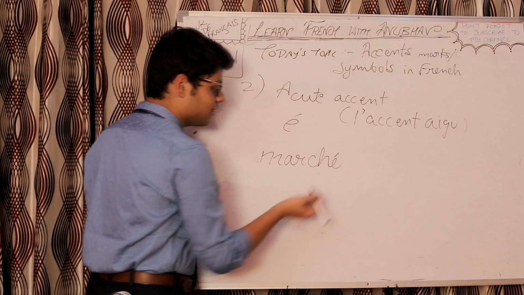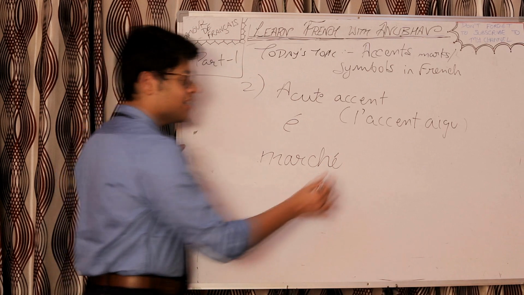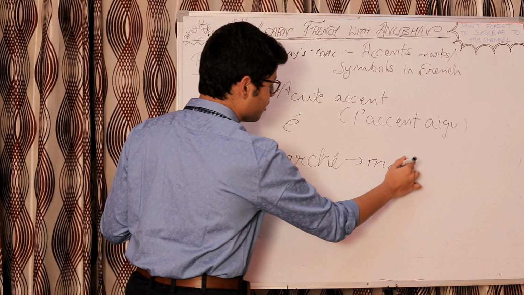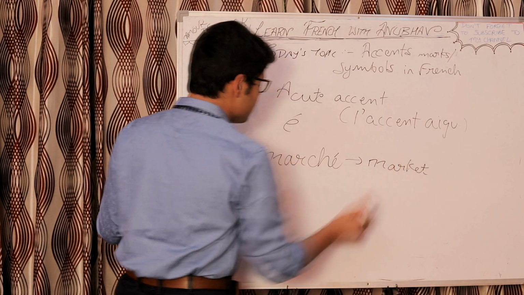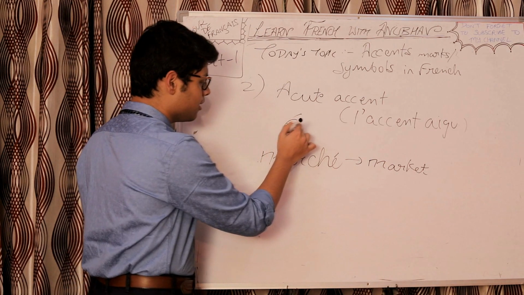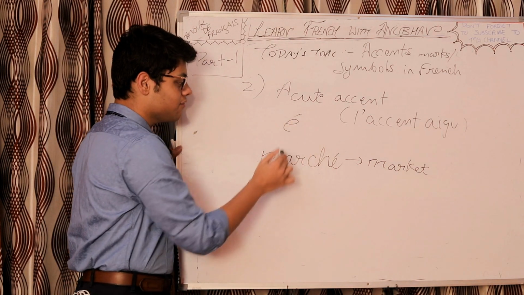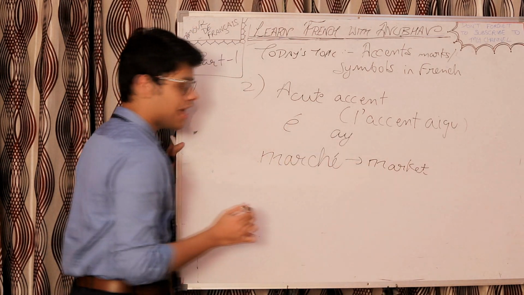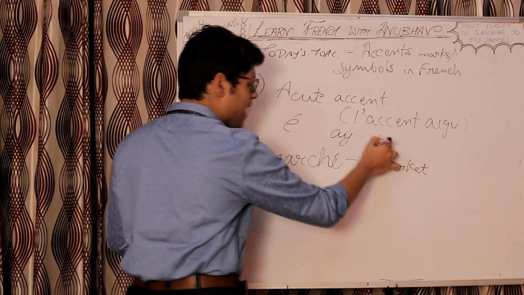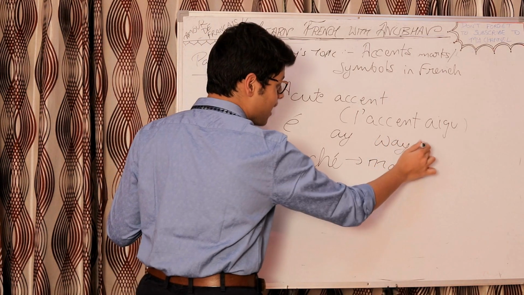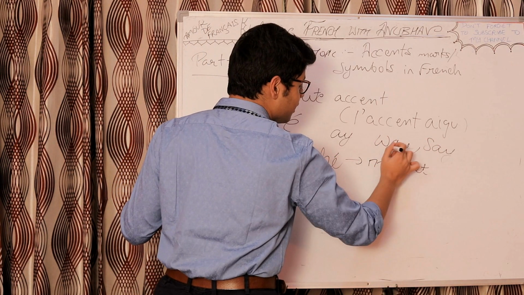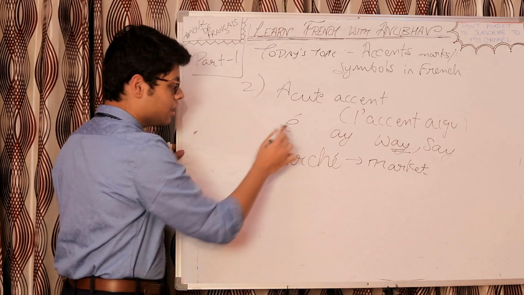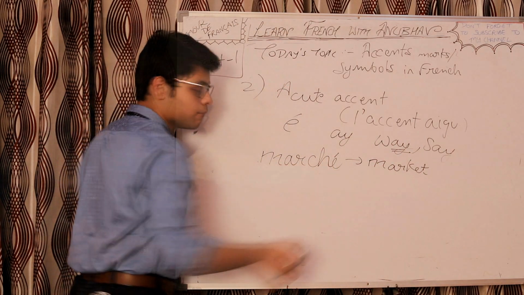But if you put the accent here, marché, it becomes market. Like this, accent above E gives the pronunciation of A, like the A in words such as way or say, this A pronunciation comes here like marché.